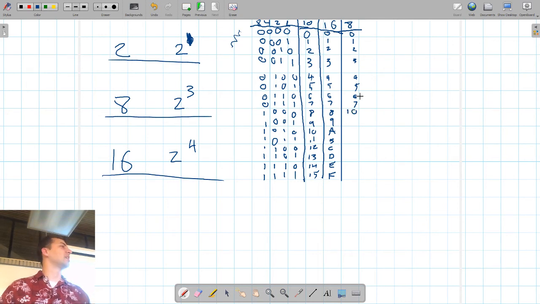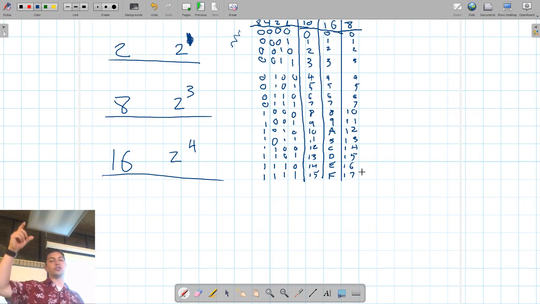Not 10, because 10 implies base 10. So 1, 0, base 8. And then we continue on: 11, 12, 13, 14, 15, 16, 17. And because 8 is exactly half of 16, we get 2 intervals of 0 through 7: 0 through 7 and 10 through 17.